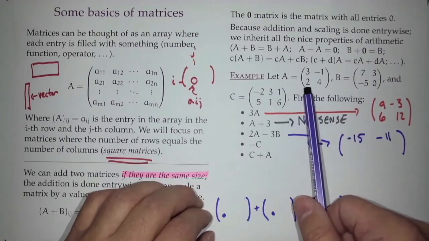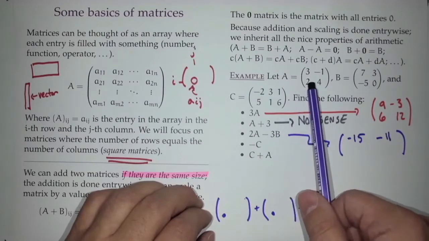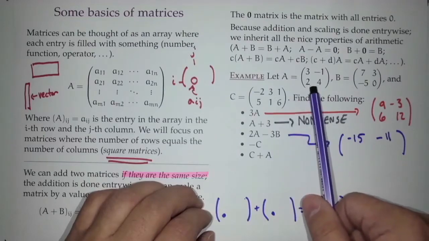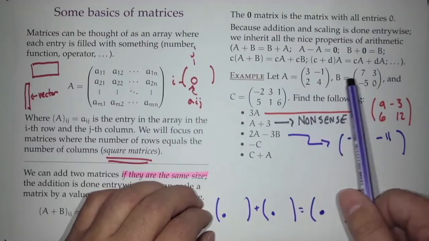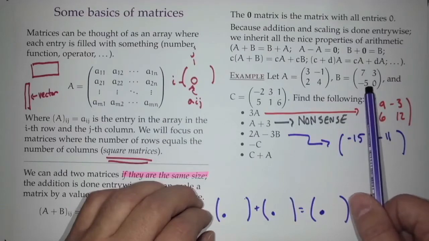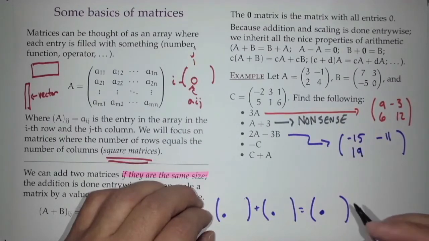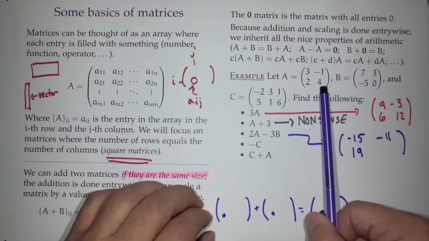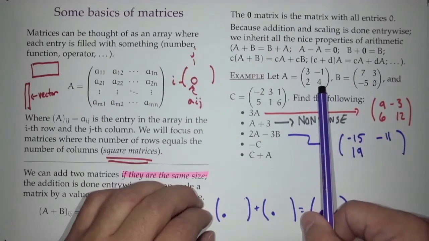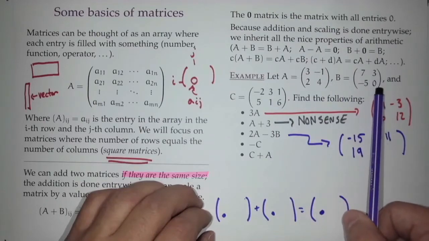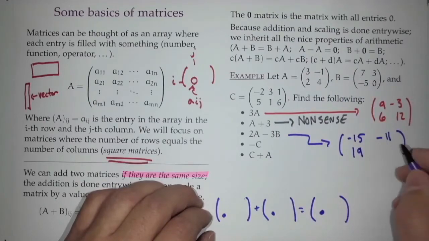Bottom left corner. Or if you like, row 2, column 1. 2 times 2, that's 4. Minus 3 times minus 5. It's 15. Put them together. 19. Last corner. 2 times 4, 8. Negative 3 times 0, 0. So we're left with 8.